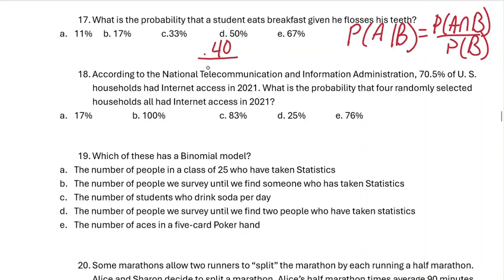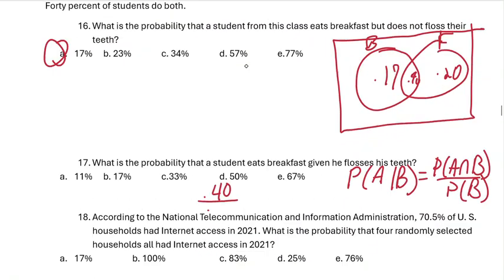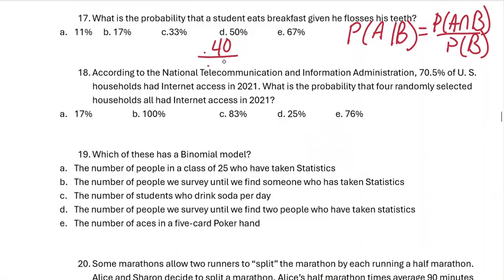So that's going to be, and it said 60%, I think, did both. Is that right? Yeah. So 0.40 over 0.60, if you actually divide it out, is going to be about 67%.